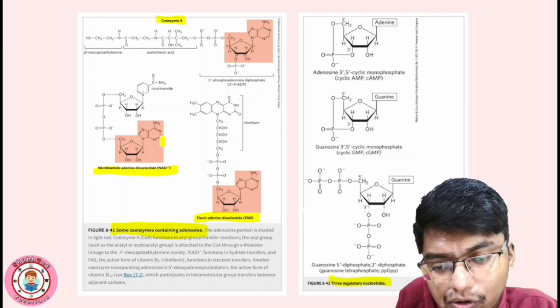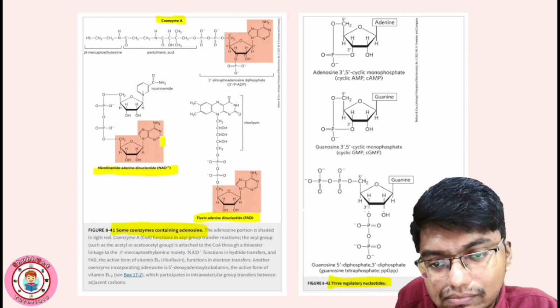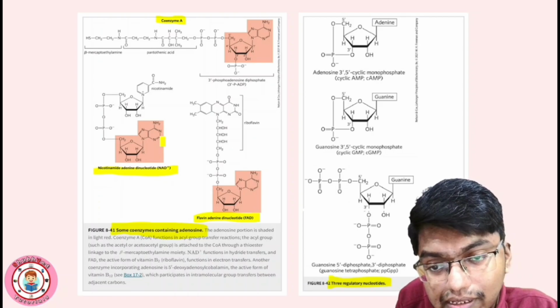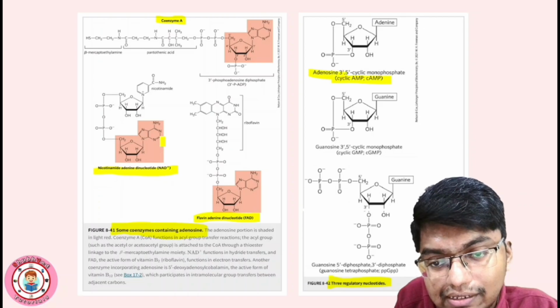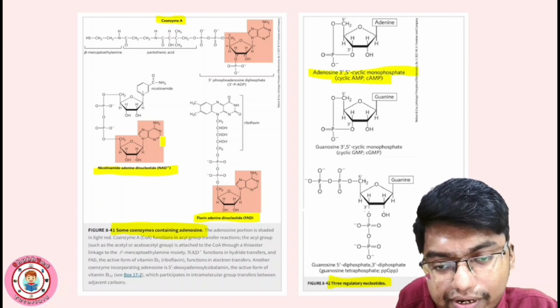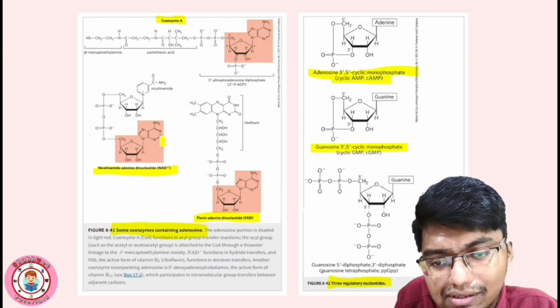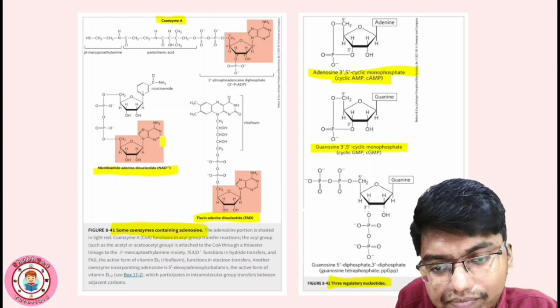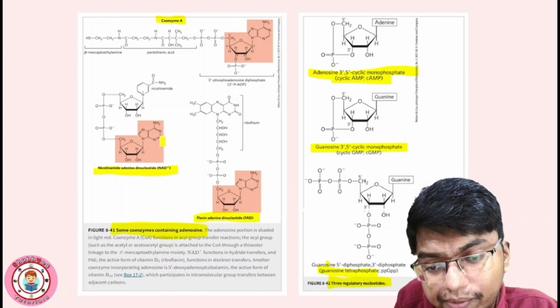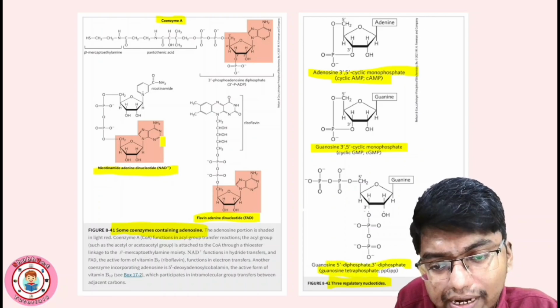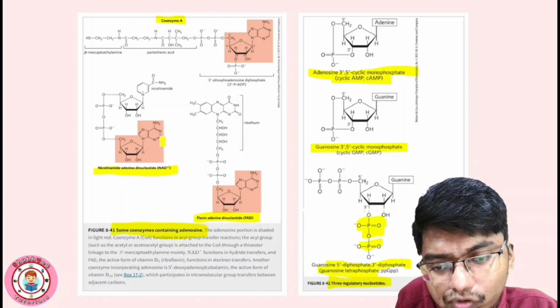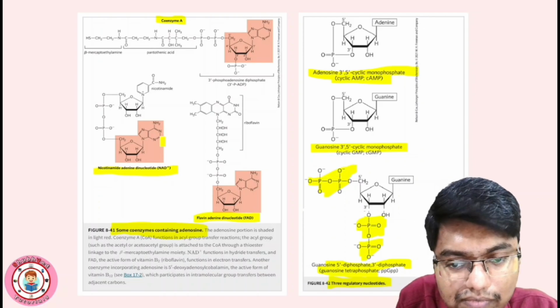Three regulatory nucleotides: cyclic AMP. See the positions, adenosine 3',5' cyclic monophosphate. Same with guanosine 3',5' cyclic monophosphate. This is guanosine tetraphosphate, 5' and 3'. Same, only diphosphate is present. See, two phosphates.